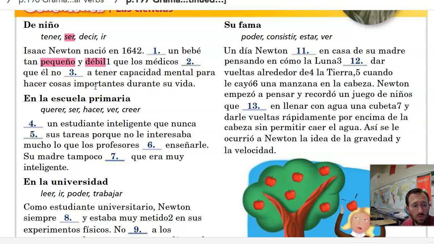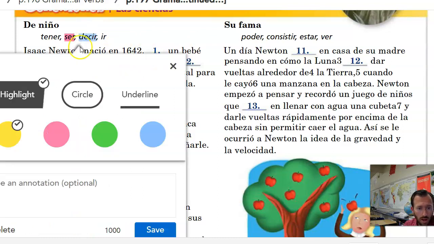When he was born, he was so small and weak that the doctors said, or the doctors go, that he wasn't going to have the mental capacity to do important things when he was little. Number 2 would be the verb to say. Right? The doctors said or concluded. The verb decir. It's a regular IR verb.